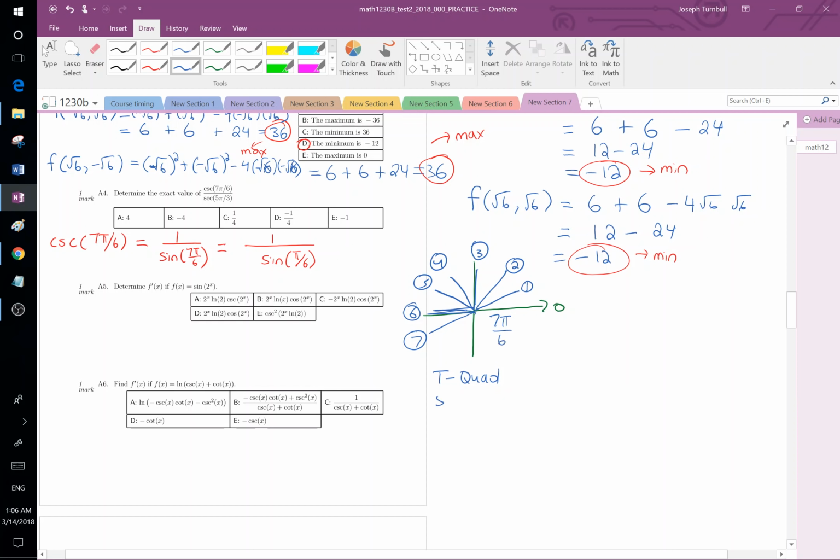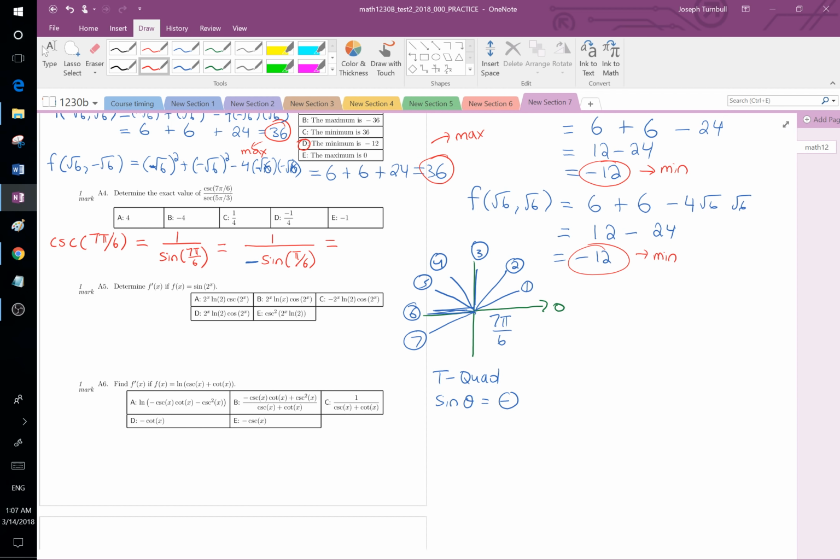In the T quadrant, sine of the angle is negative. Only the tan function is positive. So we get a negative sign in front of the pi over 6. Okay, we'll keep going. Sine of pi over 6 comes from your 30, 60, 90 triangle.